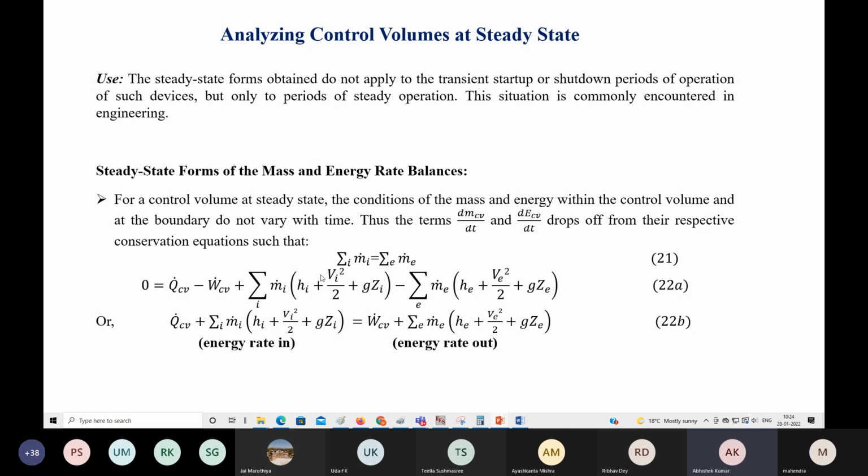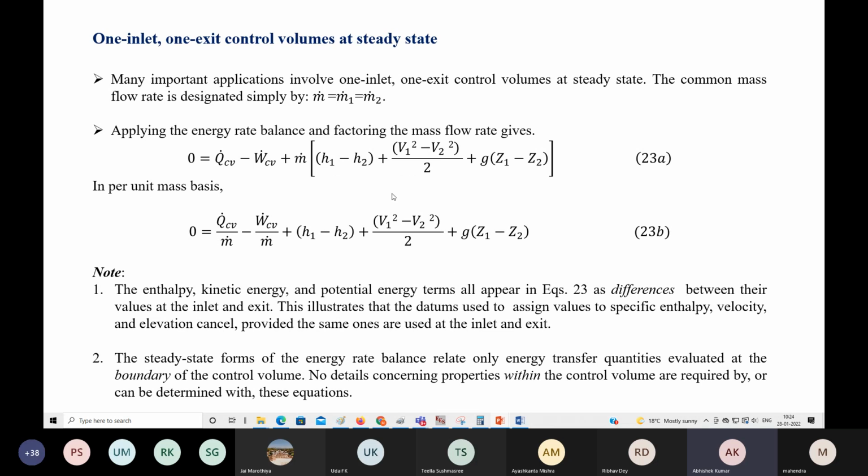This is the energy in, this is the energy out. This is again the same, so when we consider mass inlet and mass outlet, both are the same. And then we are considering this equation.